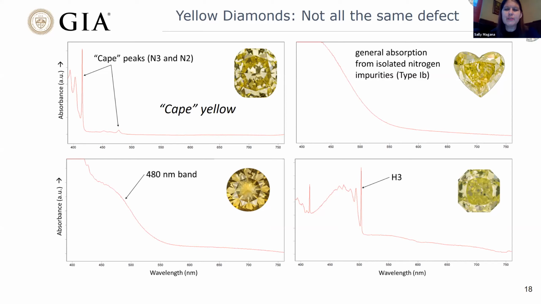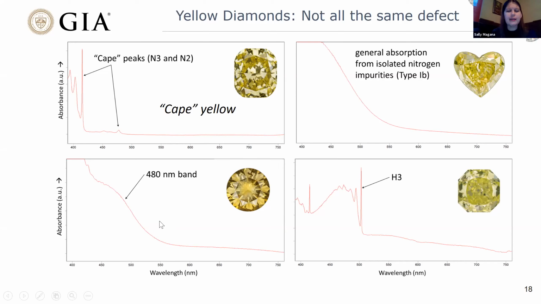And I've shown that several times earlier today. What that does is it creates this broad general absorption within the visible spectrum and going towards the ultraviolet. And as you get higher nitrogen, that rise will occur at higher and higher wavelengths, and you can get a shift from yellow color into orange depending on where that rise in that absorption band happens.